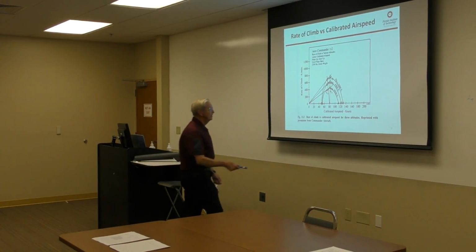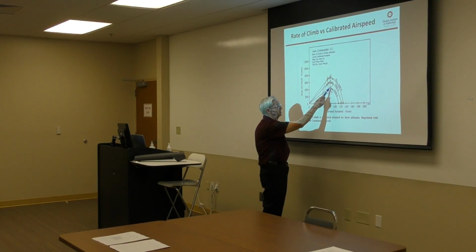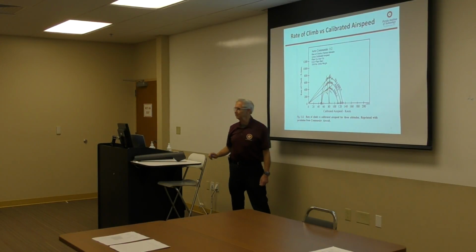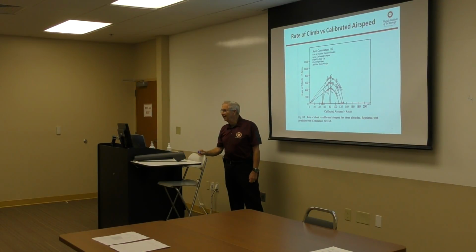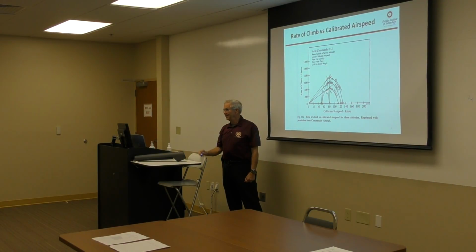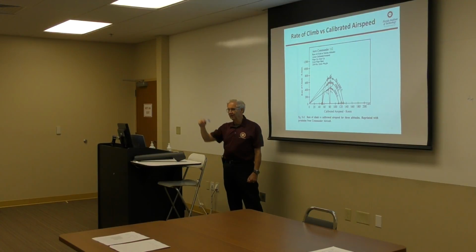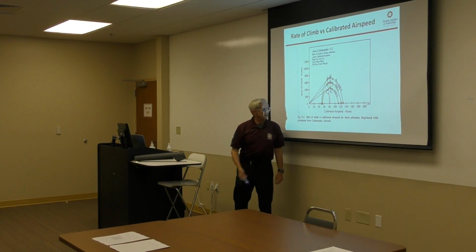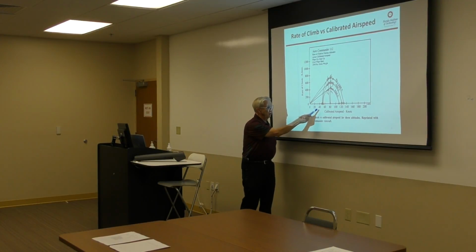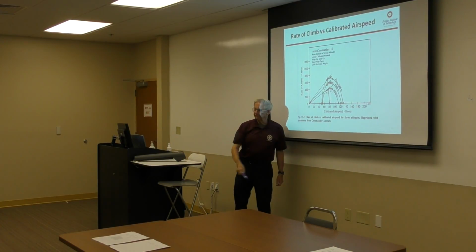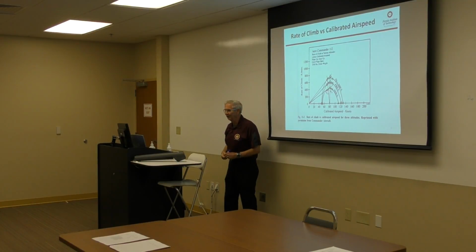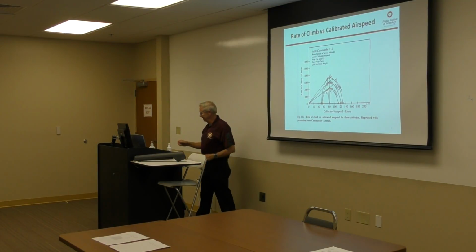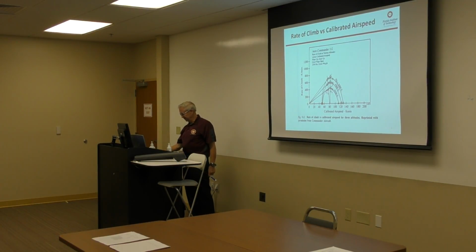You're not climbing as fast as you are at best rate of climb speed, but you're not covering the distance either. So if you want to get over an obstacle, you want to use best angle of climb speed. But don't draw it from 40 knots, you get a different answer, all right? And that's, like I say, the mistake I see most folks make.